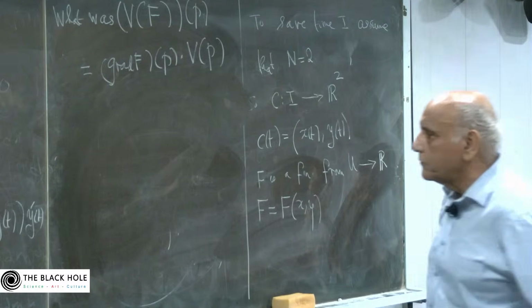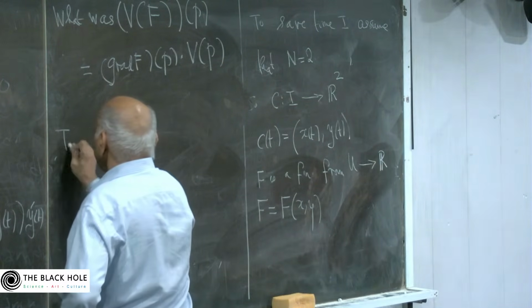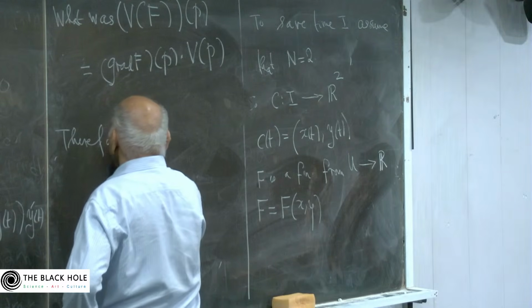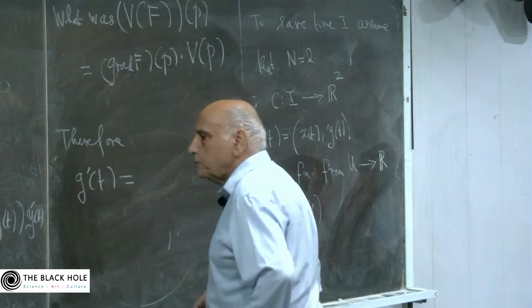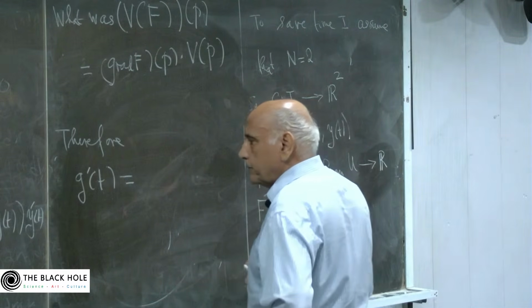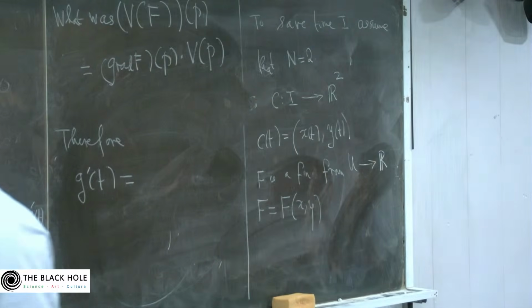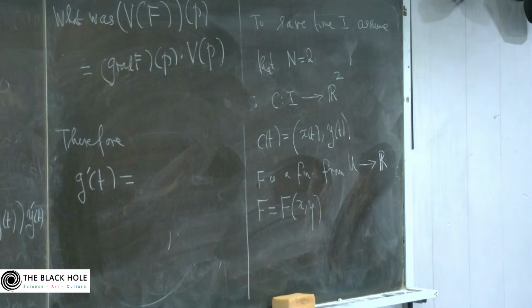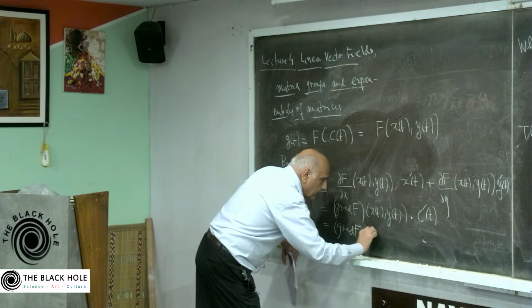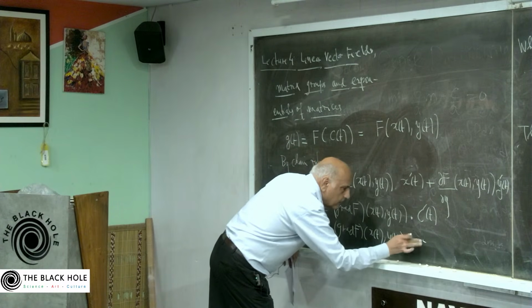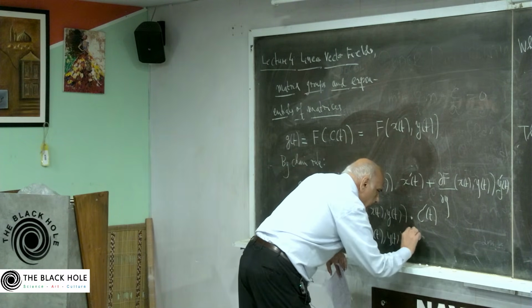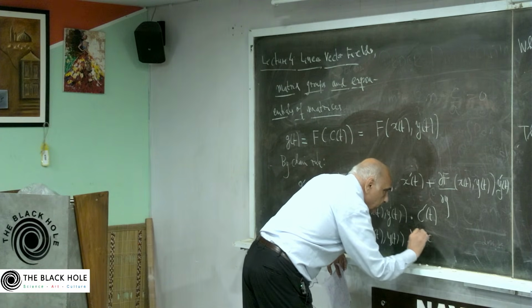So what does this equation tell you? Therefore, g prime t is equal to, because c is an integral curve, c prime t is the vector field, so this is equal to gradient of f at x(t), y(t) dot the value of the vector field v at the point c(t), not c prime t, c(t).